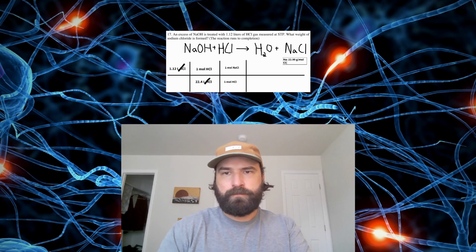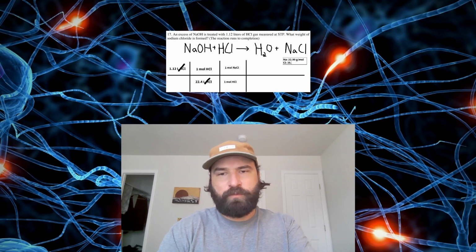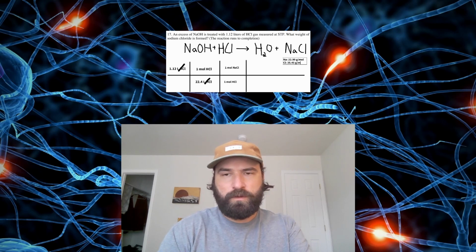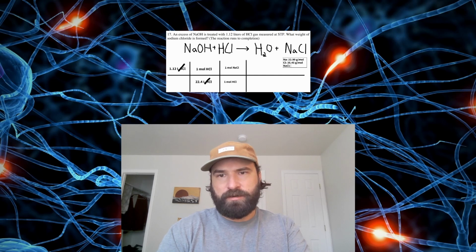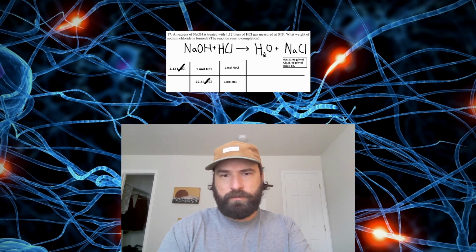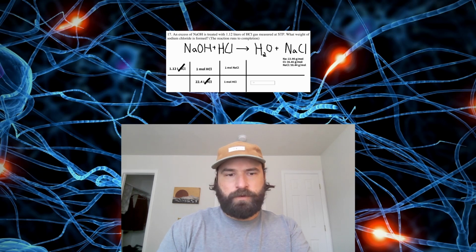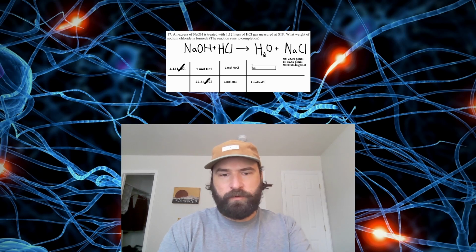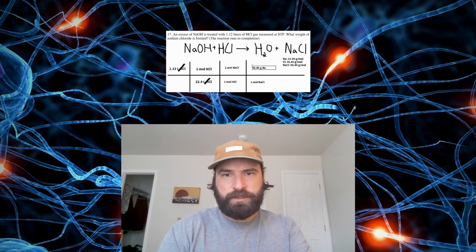Chlorine has an atomic mass of 35.45 grams per mole, which gives us a total atomic mass of 58.44 grams per mole. So for every 1 mole NaCl, we're getting 58.44 grams of NaCl.